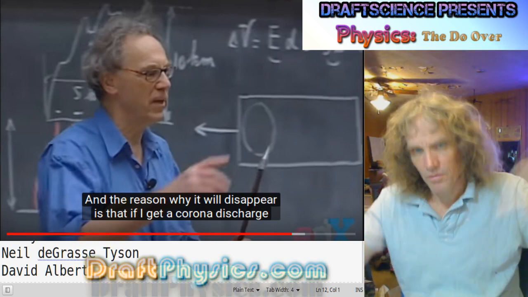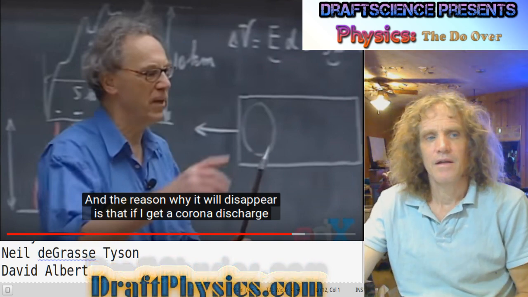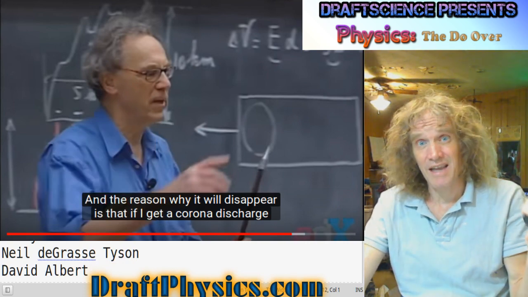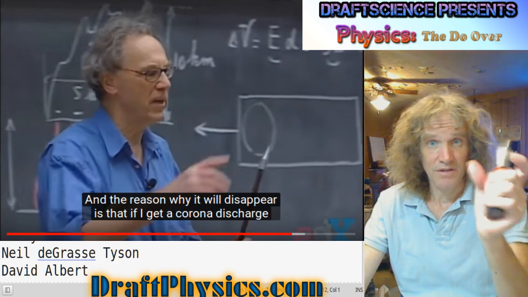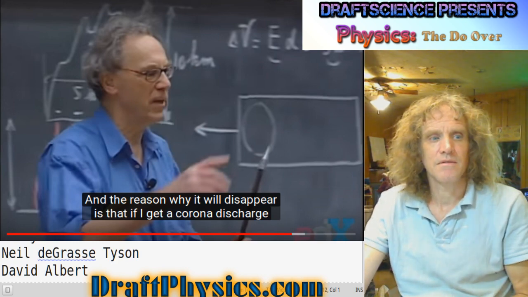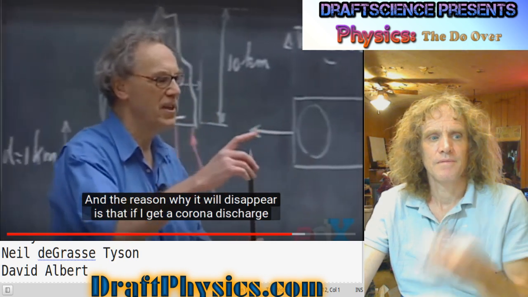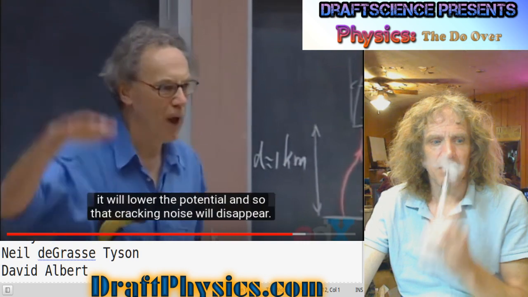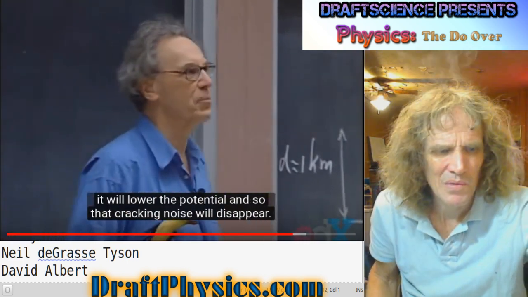So it's going to lower the voltage of the Van de Graaff. And so then the discharge inside is going to end because now the voltage difference inside the Van de Graaff has been lowered because he's draining it, essentially. Is that if I get a corona discharge between the tip and the Van de Graaff, it will drain current, it will lower the potential, and so that cracking noise will disappear.